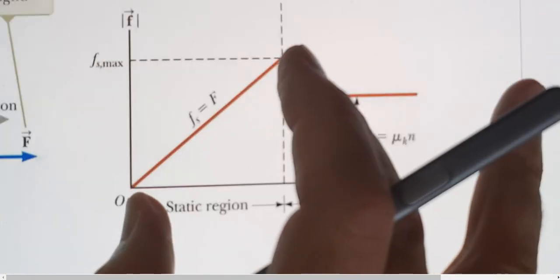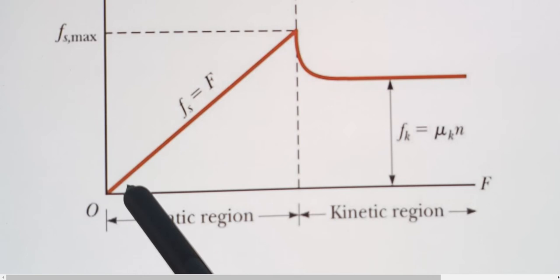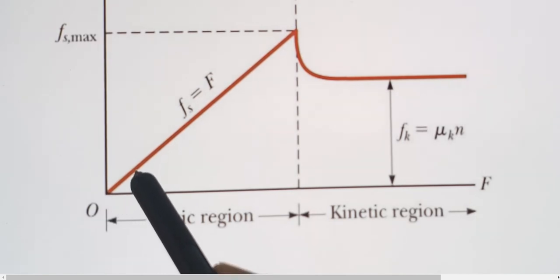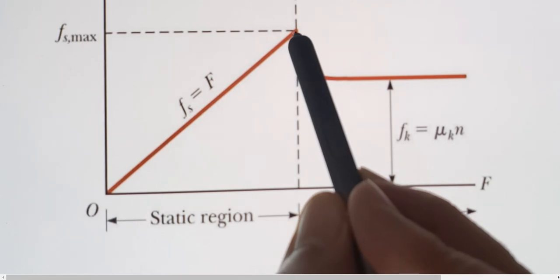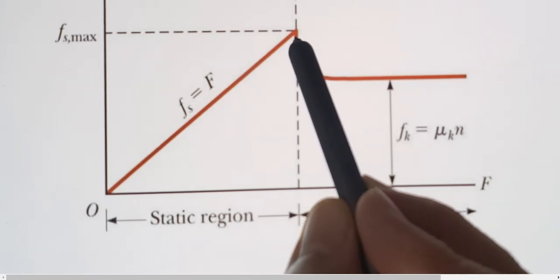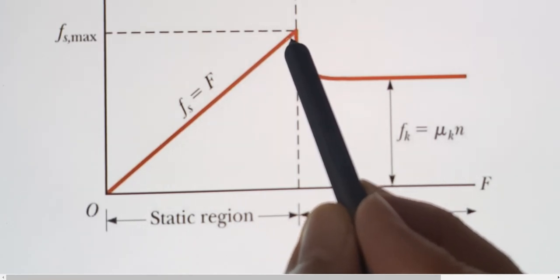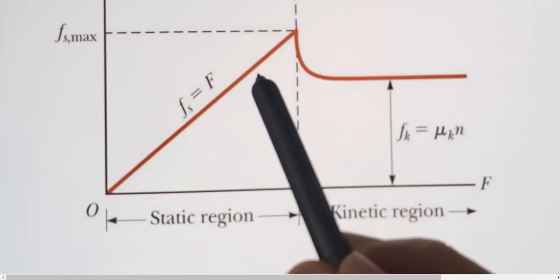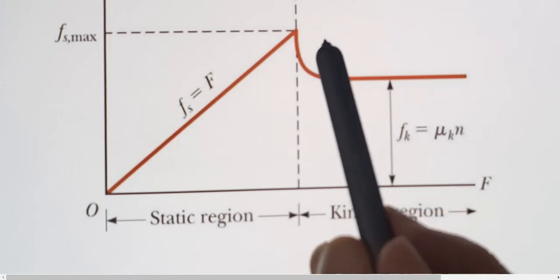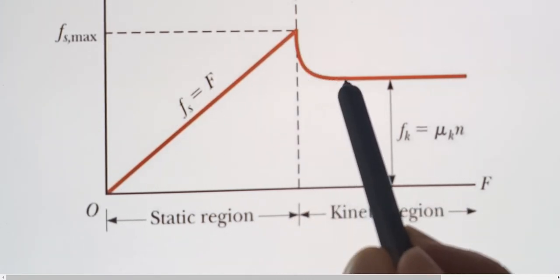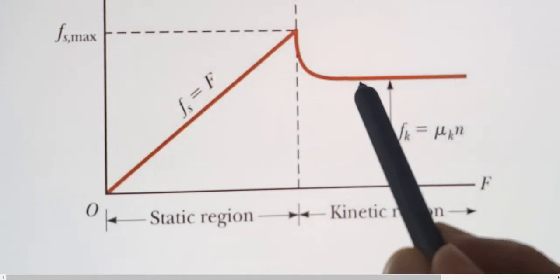So we have this situation. Increase the force, increase the friction, until you reach the force of friction maximum, or the breaking point of friction, and then friction will go down to the kinetic friction.